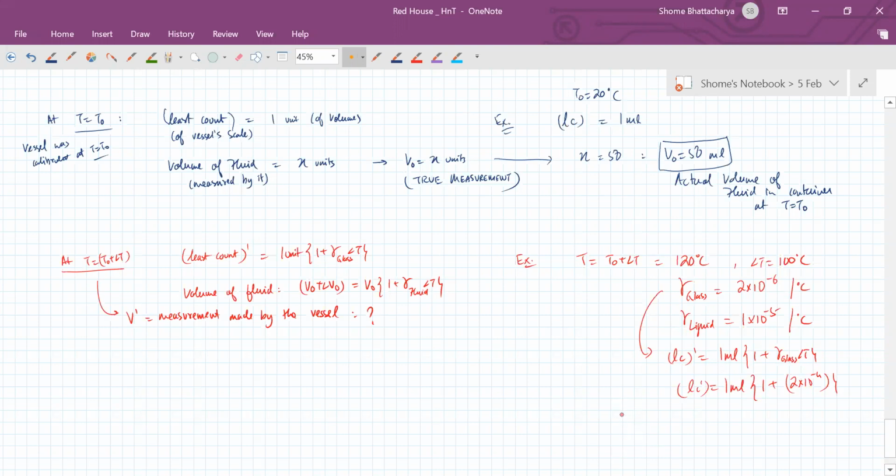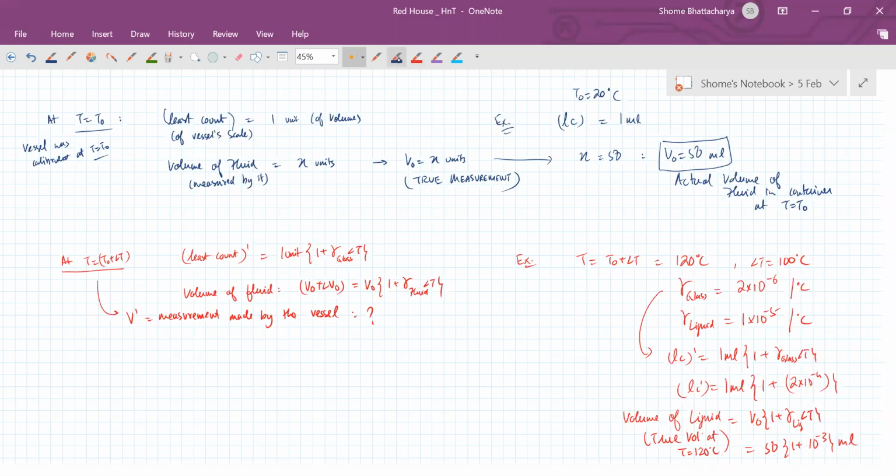Whereas the volume of liquid, the true volume, at this temperature, that has become how much? It has become V naught into 1 plus gamma of liquid into delta T. So that has become 50 into 1 plus 10 raised power minus 3 in milliliters.